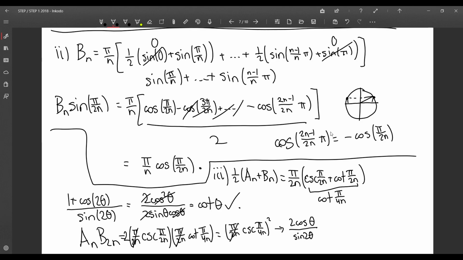Oh, and then we have an extra sine theta here. It's equal to 1 over sine squared theta. But of course this is true, because if we use the double angle here, we get a 2 cosine that cancels with the top, and then another sine theta, so that checks out as well.